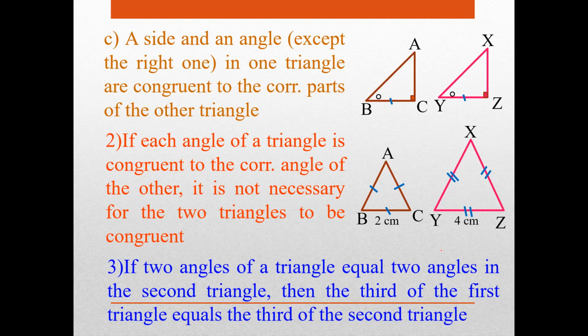If the measure of angle B equals the measure of angle Y, and the measure of angle C equals the measure of angle Z, then the measure of angle A will equal the measure of angle X. But the two triangles are not necessarily congruent.